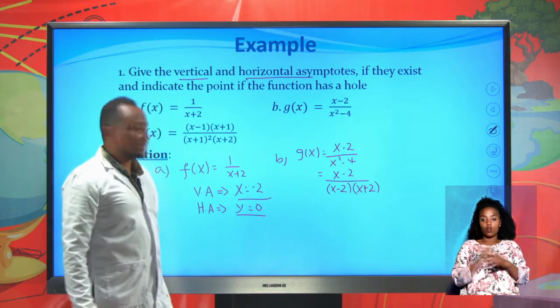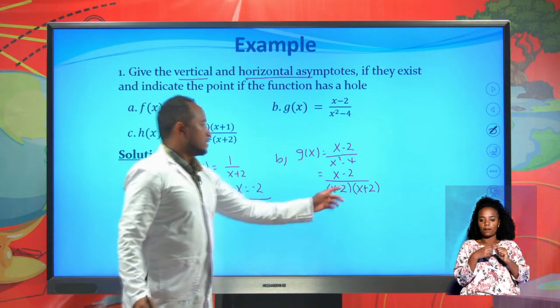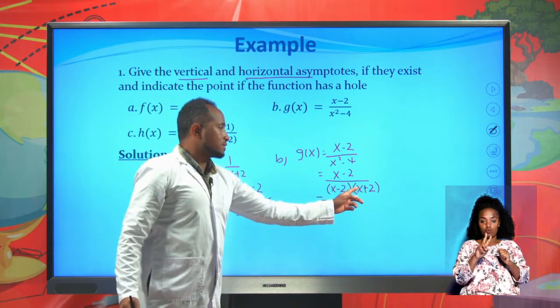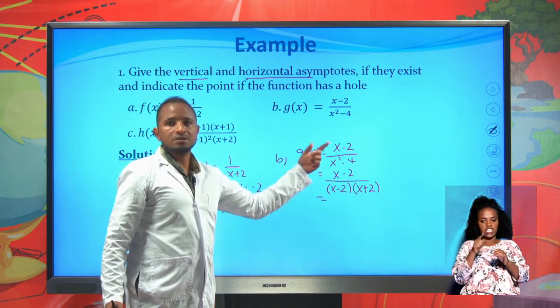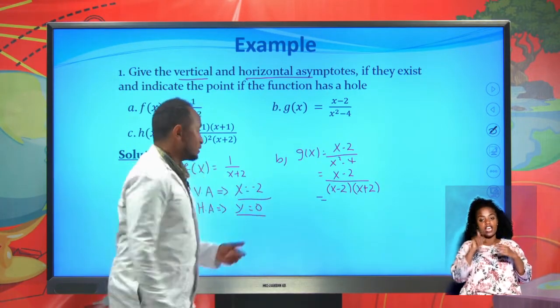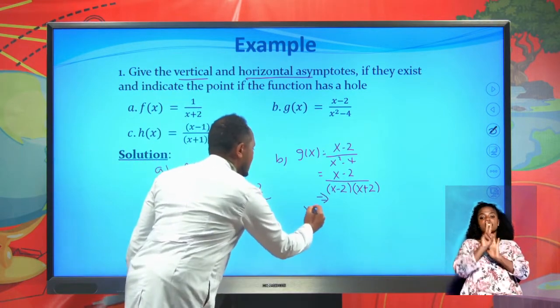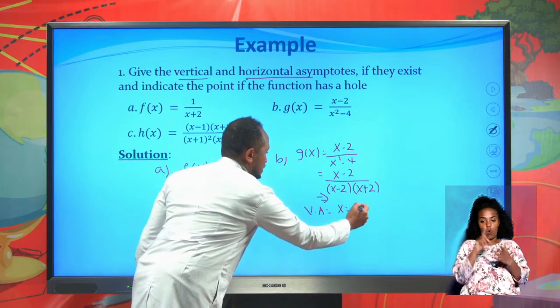So from this you can see that negative 2 makes this expression 0, but it cannot make the numerator 0. So we have x equal to negative 2 as a vertical asymptote. So the vertical asymptote is x equals negative 2.